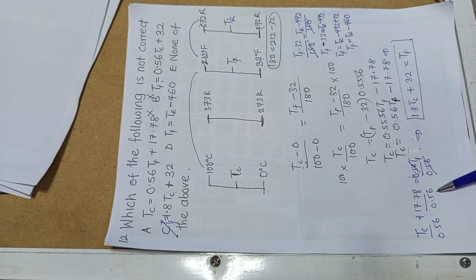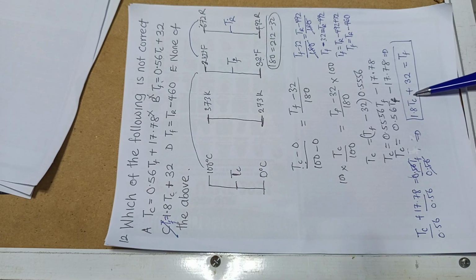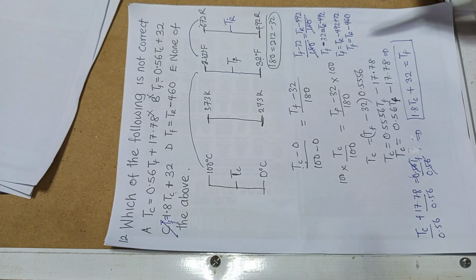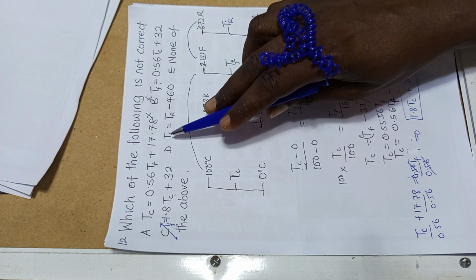Let me check this question and this one again. That means we will be having two answers that are the same for this question. Okay, I think that this one is TF.